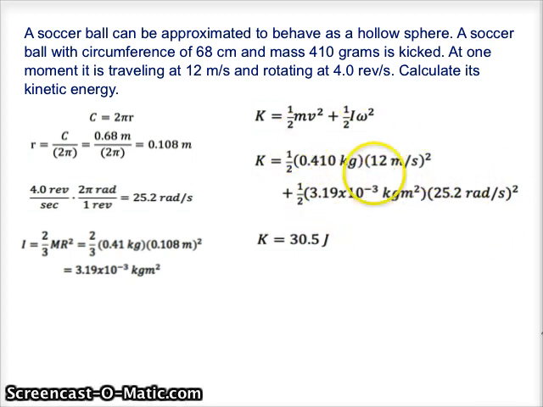So most of the energy, 29 joules or so, is in the form of the linear kinetic energy. The translation is about 97% of the energy. So maybe in this case, it would have been okay to not worry about it if I was just trying to figure out where the ball would go and so forth. But in other situations, it's going to be very important to keep track of both types of energy.